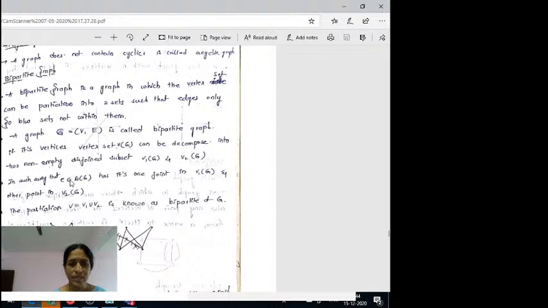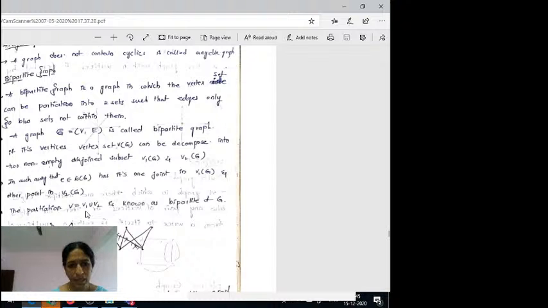So in such a way that E belongs to E of G, that means the edge set, has one endpoint in V1 of G and the other point in V2. That means edges are formed from one set to the other set but not within the same set. So this is called a bipartite graph.